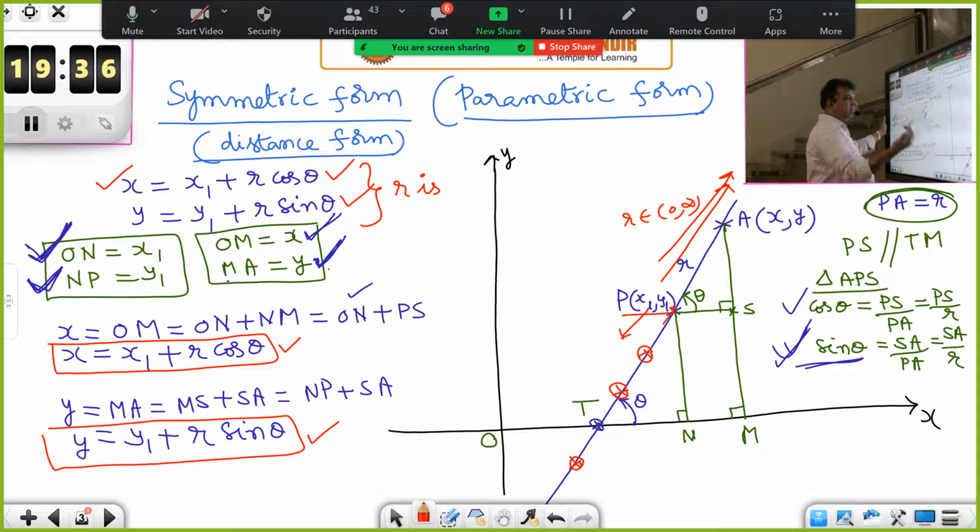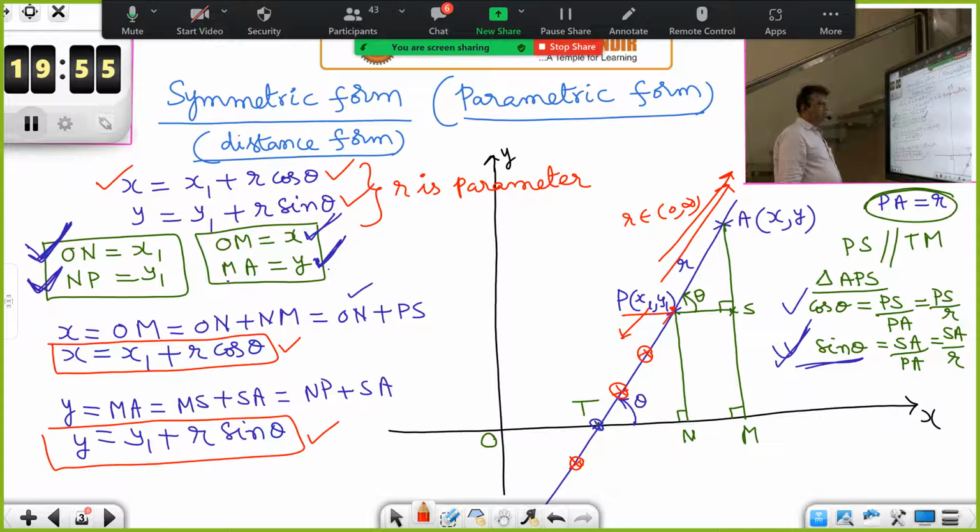Its distance from the fixed point P is changing. So R is called parameter. Whatever is changing is called parameter. Whatever are constants are called constants. So R is parameter and R is the distance of any point on the line from the fixed point P.